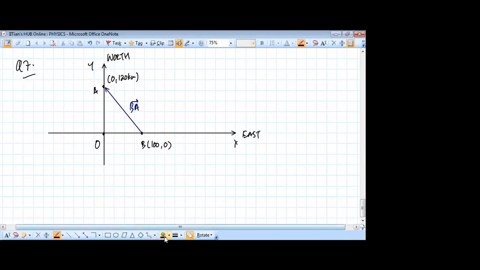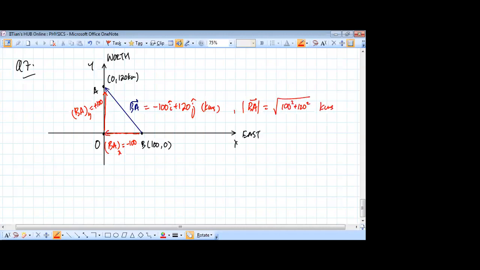So it has an x component which is along the negative x direction, so its x component is minus 100. It has a y component which is along the positive y direction, plus 120. So the vector BA is minus 100 i cap plus 120 j cap in kilometers. And its magnitude. Okay, so this is question number 7.